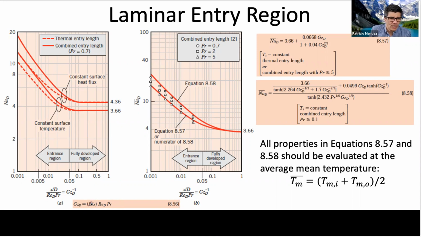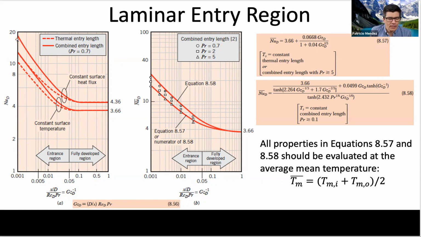And here you have an expression of how to calculate it. But that doesn't matter. Here we have this Kretz, a 1/Kretz number, the dimensionless length from the inlet. And what do we see?